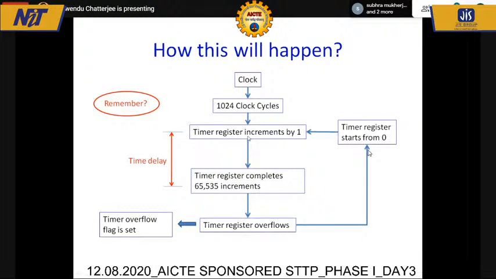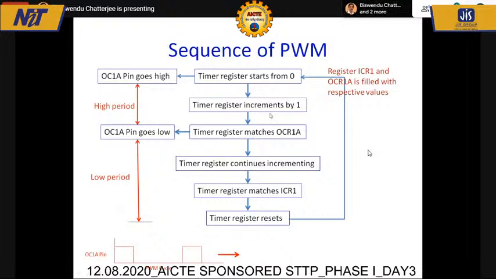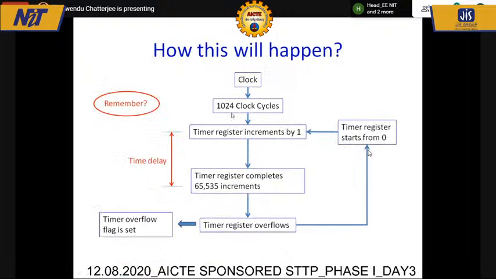Now today what will happen? The timer register starts from 0. One thing I repeat: yesterday it was for 1024 clock cycles. Now it will be only 8 clock cycles. Today this will change because I have changed the clock setting, or the prescaler.